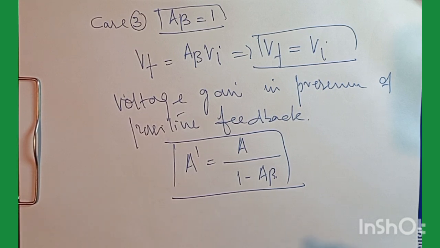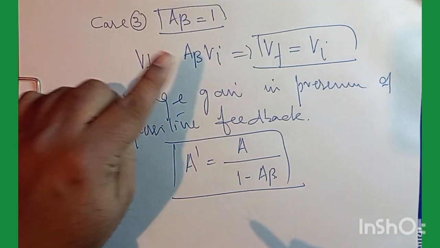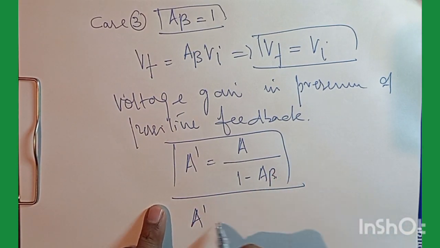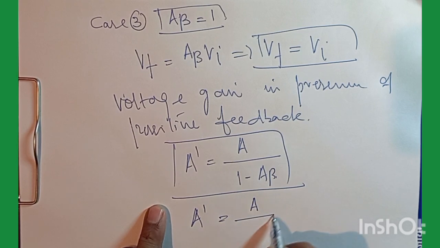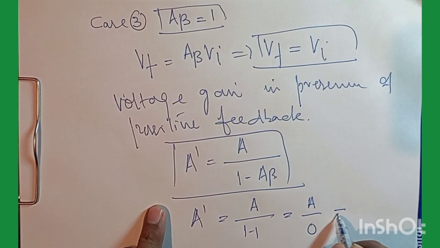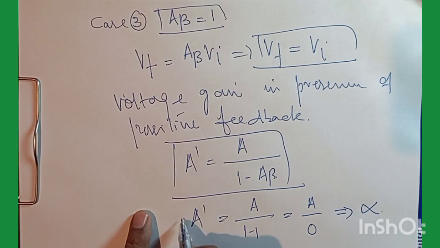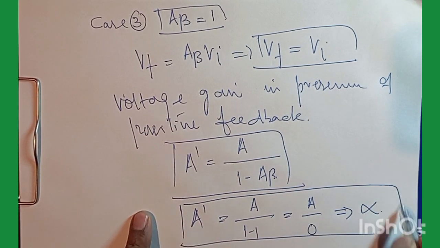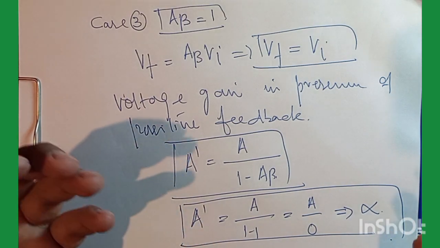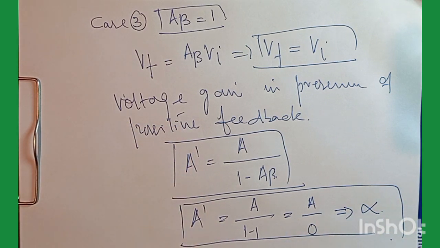Now we can see here the third condition that I was talking about. If I take A beta equal to 1, in that case A dash will be A upon 1 minus 1, that is A by 0. That implies infinite. Now this condition means you have gain in the amplifier even if you don't have the input voltage.